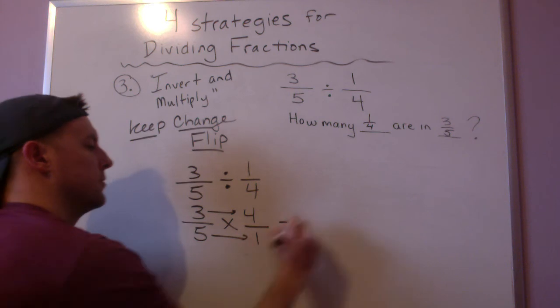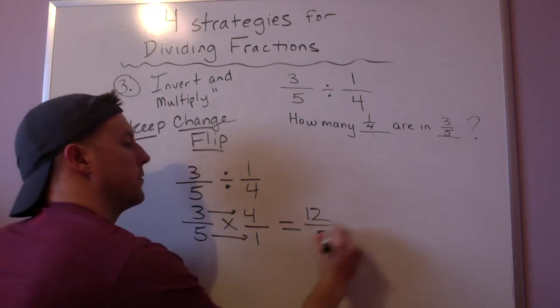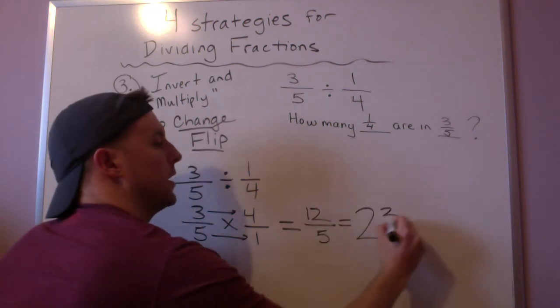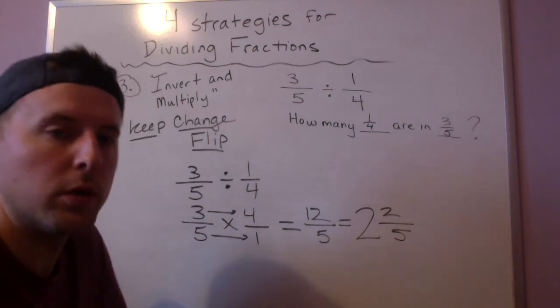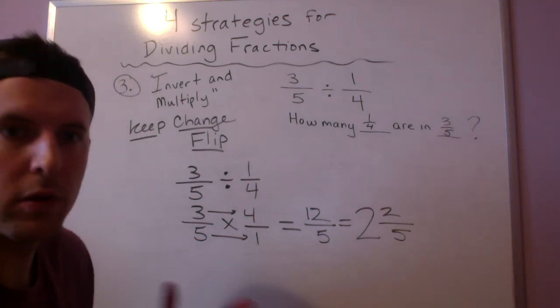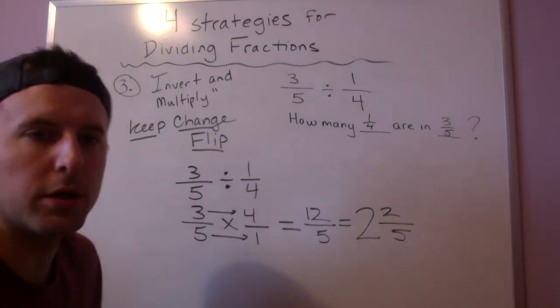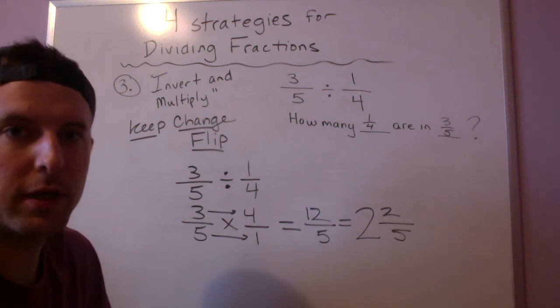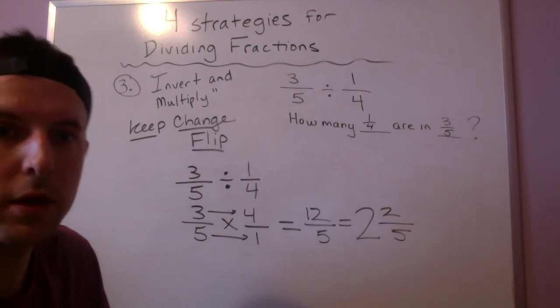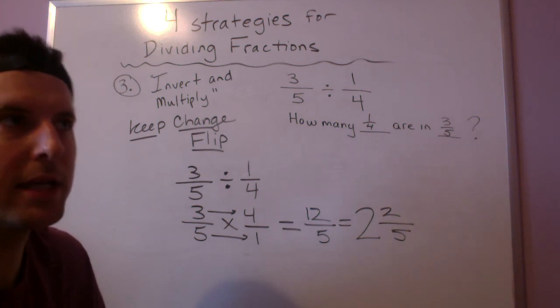The only reason I don't like kids always using keep, change, flip no matter what, even though it works every time, is because they don't understand why it works. I can understand why common denominators work. I can understand why the supergiant one works because I'm trying to get a number in the bottom. I can even understand diagrams, but sometimes kids just use keep, change, flip because it's the fastest, but they don't understand why it works. So those are the four strategies.